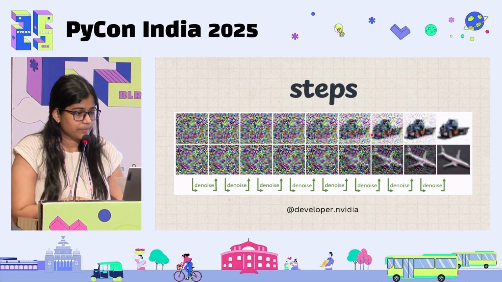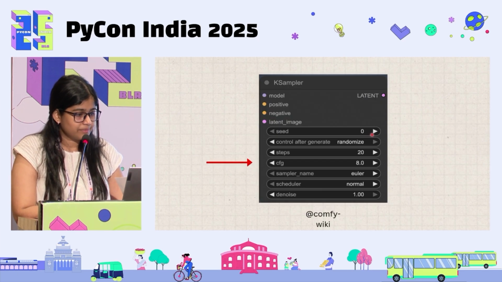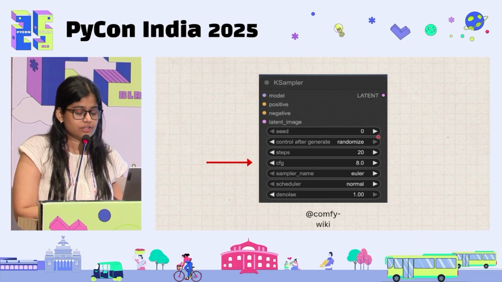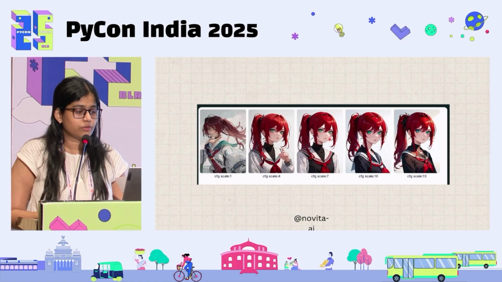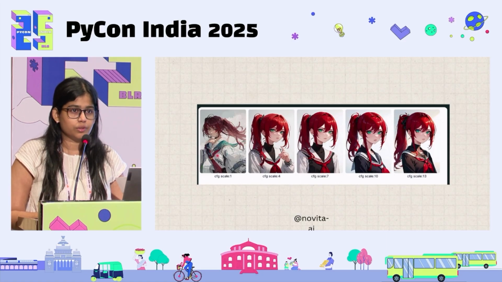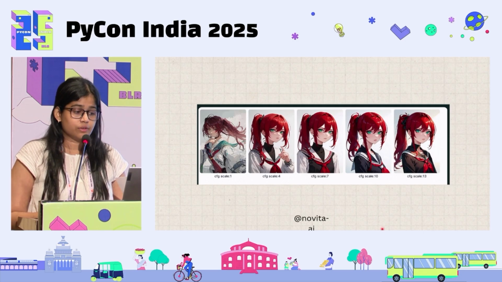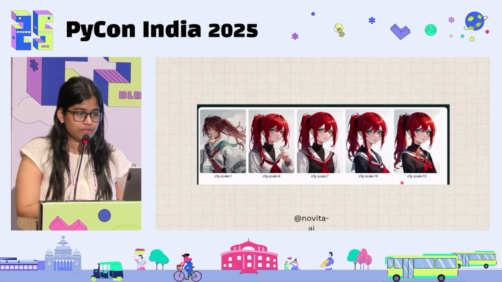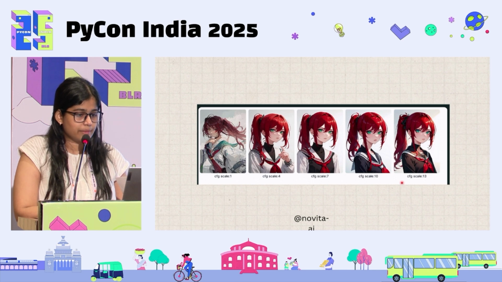But before, let me come to CFG. CFG stands for classifier free guidance, which is basically just how closely your model will follow the prompt. If you keep the CFG really low, like 1 or 2, the model will not follow the prompt very closely. And if it's set to a really high value, it will hang on to each and every word in the prompt, which is something that you might have seen if you have experimented with image models.